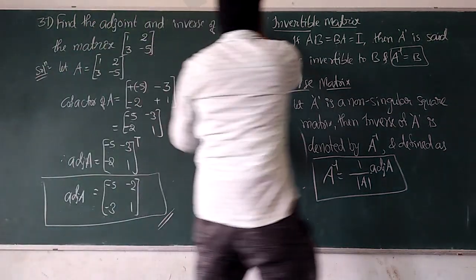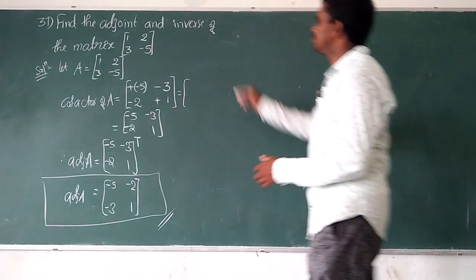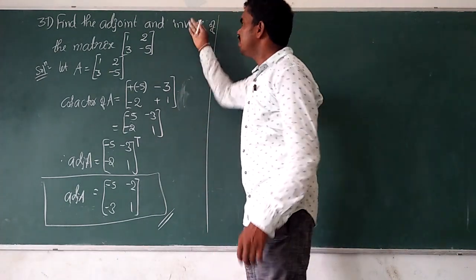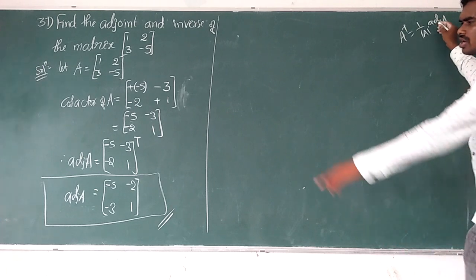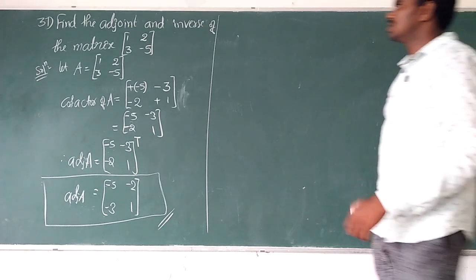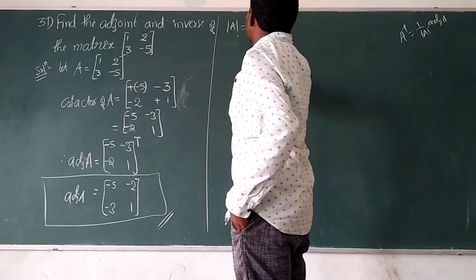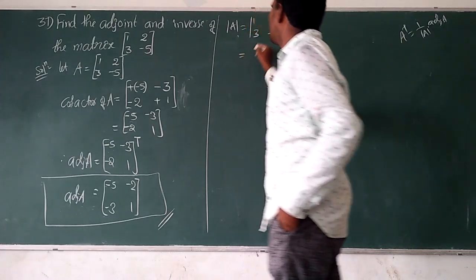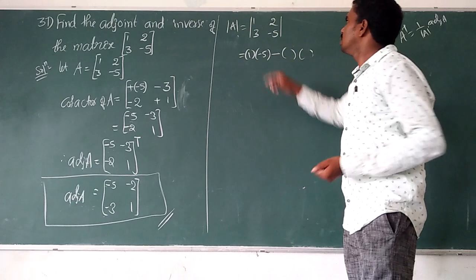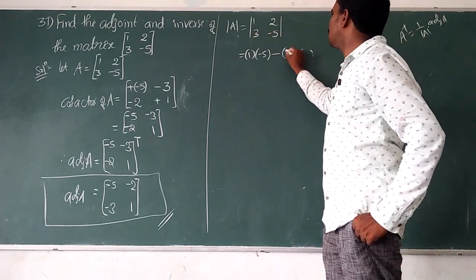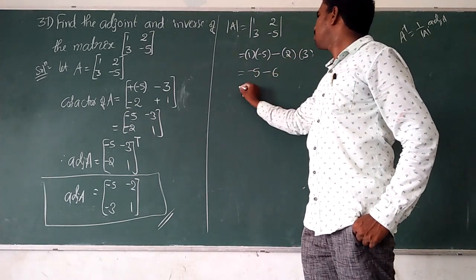And then it asks for the inverse. Just now I told you A inverse means 1 by det A into adjoint A. We already got adjoint A, and we should find det A. So first of all, det A equals det of 1, 2, 3, minus 5, which is cross multiplication: 1 into minus 5 minus 2 into 3, which is minus 5 minus 6, equal to minus 11.